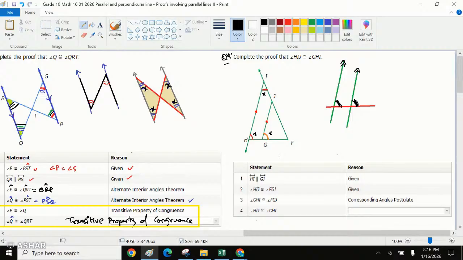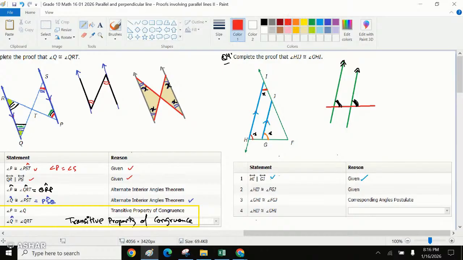For the first statement, they say HI is parallel to GJ. HI was parallel to GJ. This is already given to us. They are parallels. It's given already.